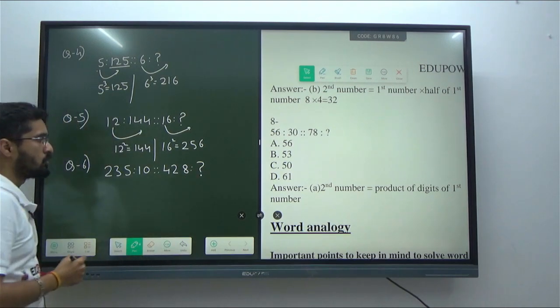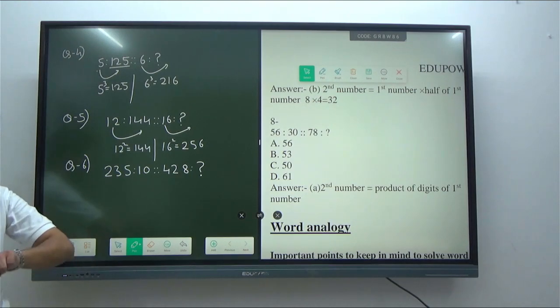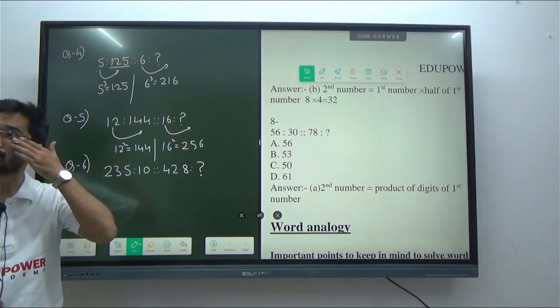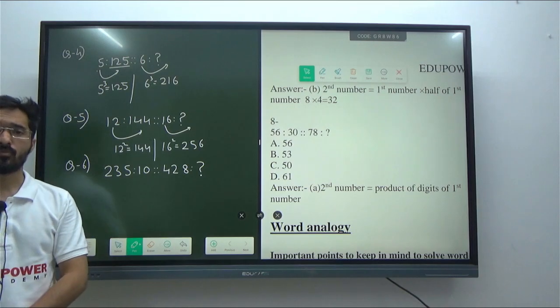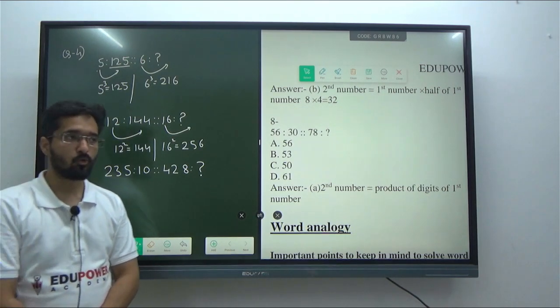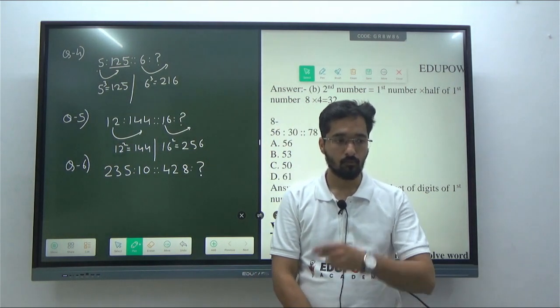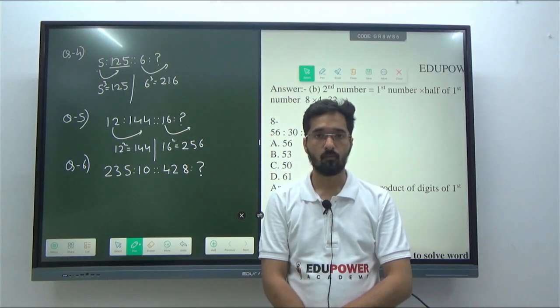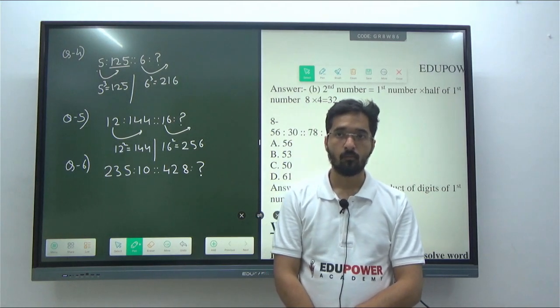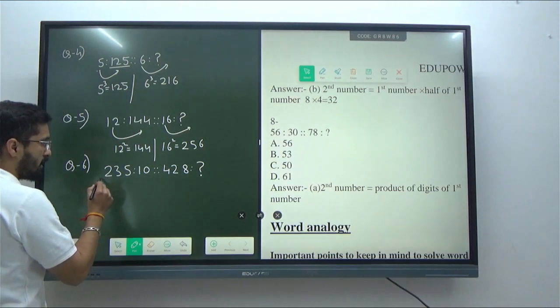235 is to 10, so 428 is to what? Okay. So what we are doing here is we are taking the digit sum.